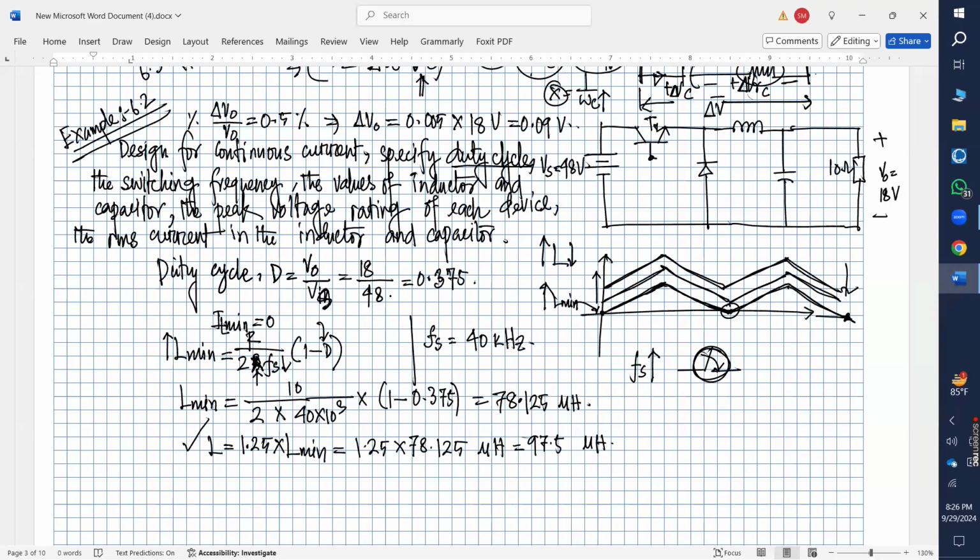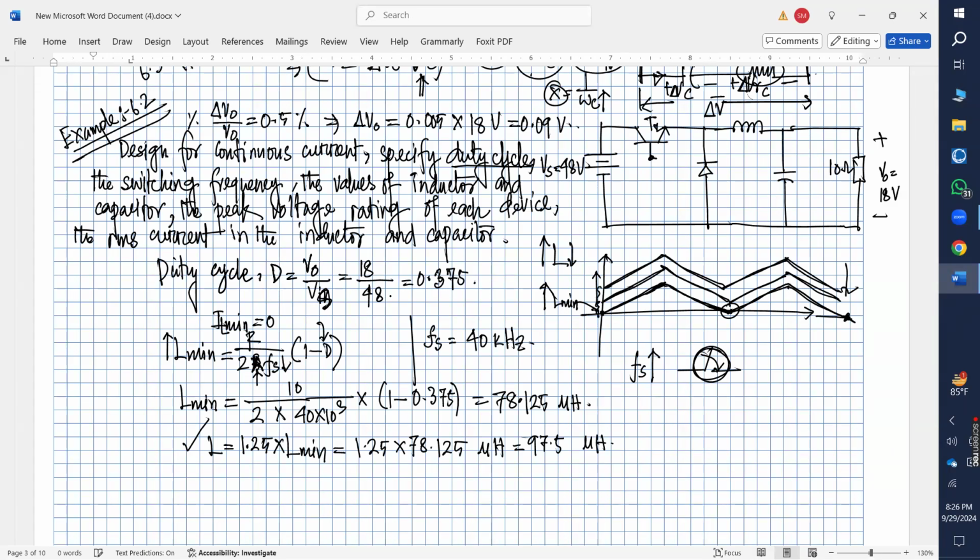Sir, can you take any value other than 25%? Yes, you can. You can take 10%, 25%, 50%. The more you increase the value of L, the more freedom you have.